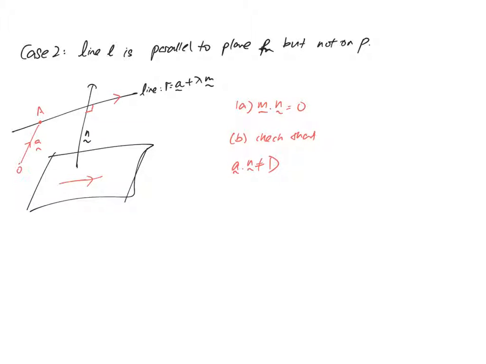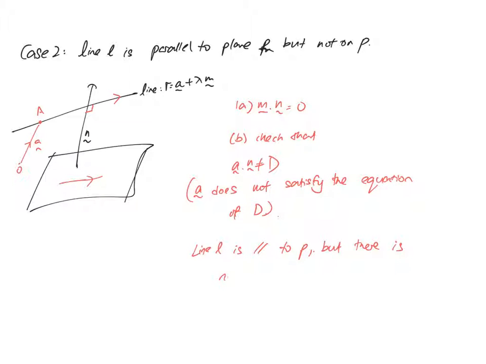This means that the point A does not satisfy the equation of P, or does not lie on P. Then it just means that line L is parallel to P, but there is no point of intersection.